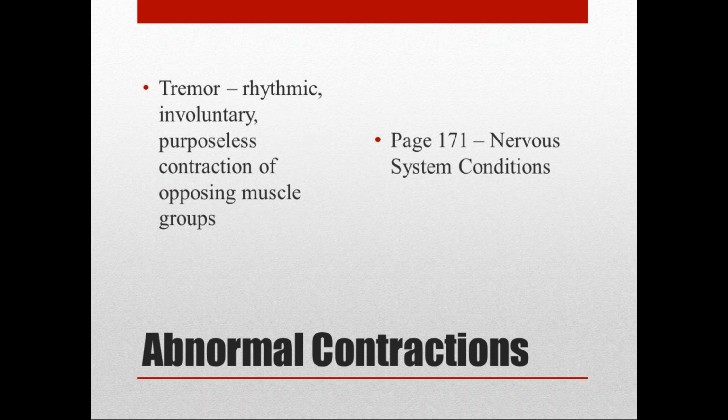Okay, so if you look at the tremor on page 171, they do talk about Parkinson's disease. But the other one I want you to look at is on the right side of the page, types of pathologic tremor. You see essential tremor. Essential tremor is not Parkinson's. A lot of people thought that Katharine Hepburn, do you remember her?